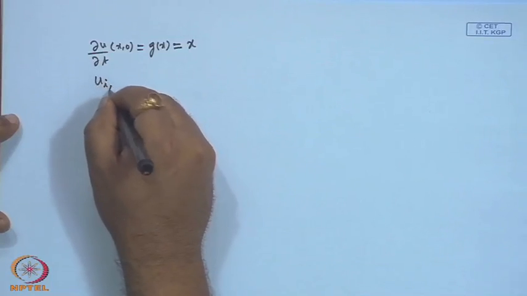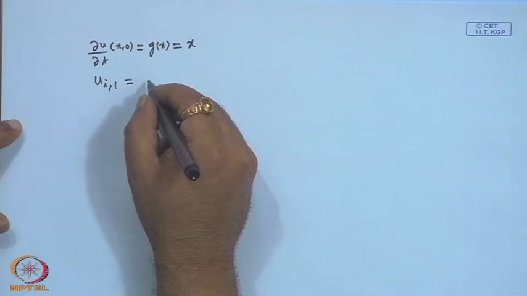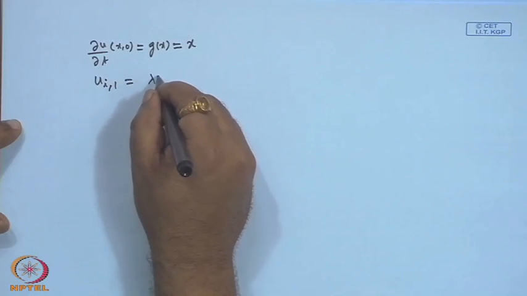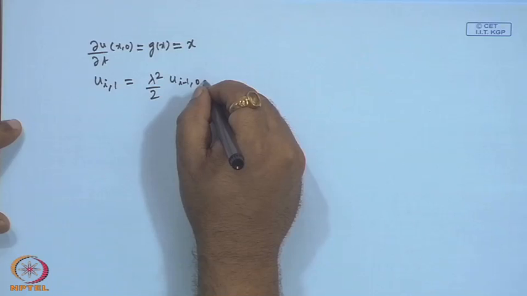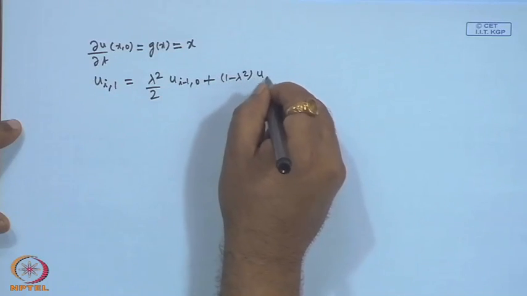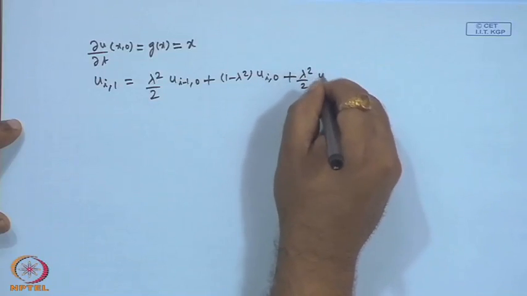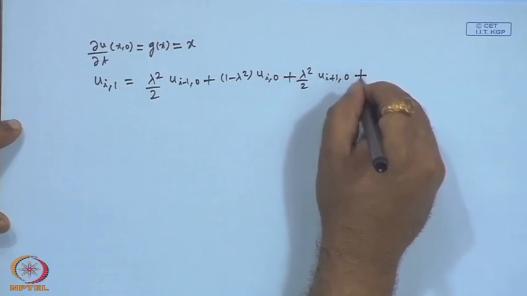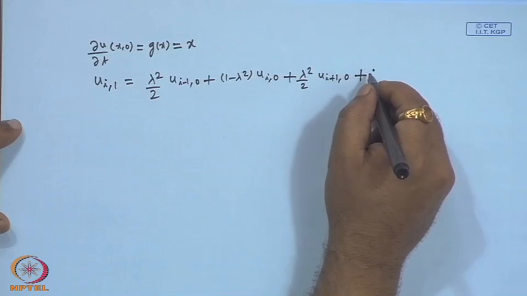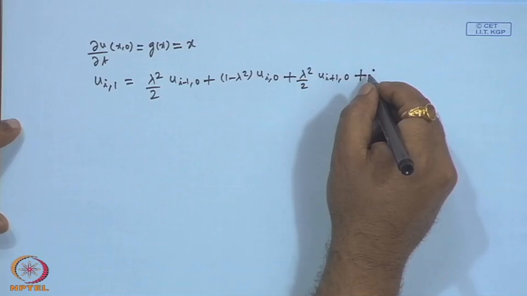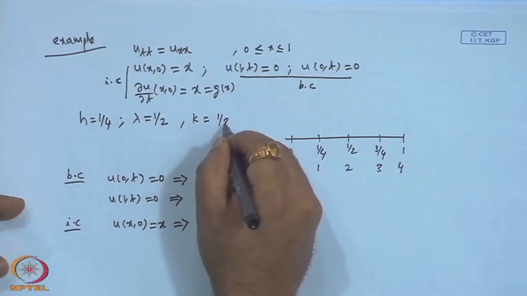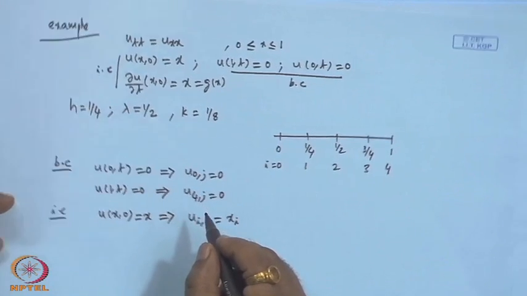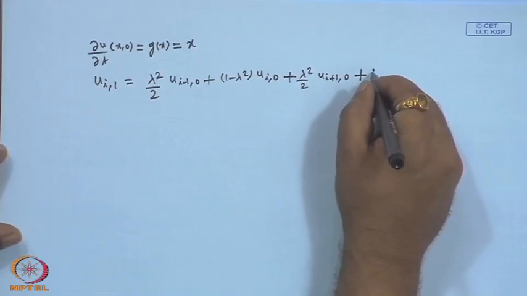So, u I 1 equals lambda square by 2 plus k x I, and in this case k becomes 1 over 8. Okay.